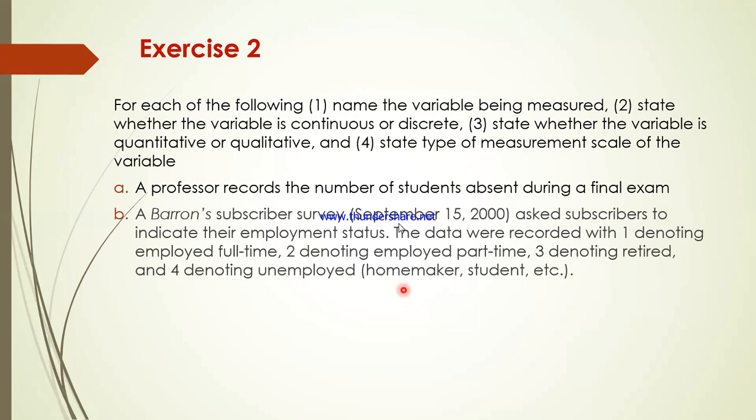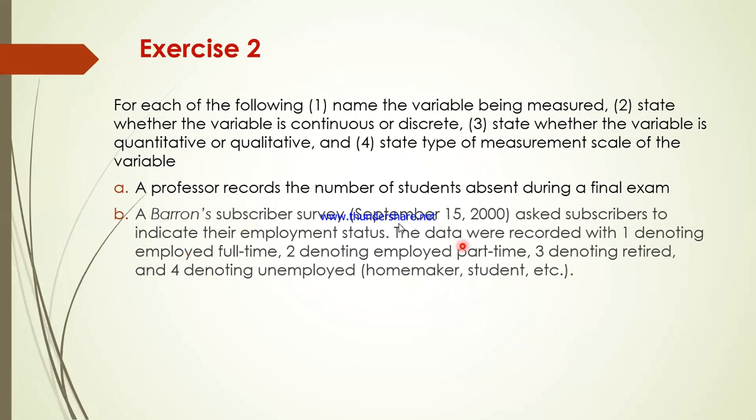Can you compare? Is full-time better than part-time or unemployed? Is it a meaningful comparison? It is nominal, right? Because maybe this part-time employee may have some other very good job. Even with unemployed, homemaker or student, we cannot compare that.